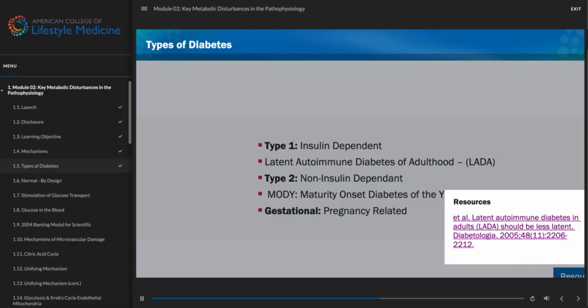Maturity onset diabetes of the young is a genetic disorder that tends to hit young folks and is really a different beast altogether because there are metabolic mechanisms that are not functioning along the pathway of glucose management. And then gestational diabetes is often included and obviously related to pregnancy, but is also very closely related to type 2 diabetes as pregnancy tends to worsen the insulin resistance and cause the elevation in blood sugars.